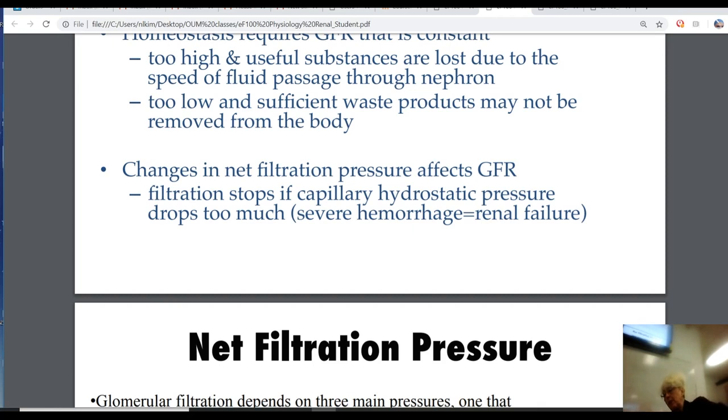Those are just like people that are anorexic. You've heard of anorexia. They become very cachectic, where they lose a lot of their body mass and proteins. And basically, the kidneys can't keep up with it, and they get bogged down with too many plasma proteins and not enough fluid.